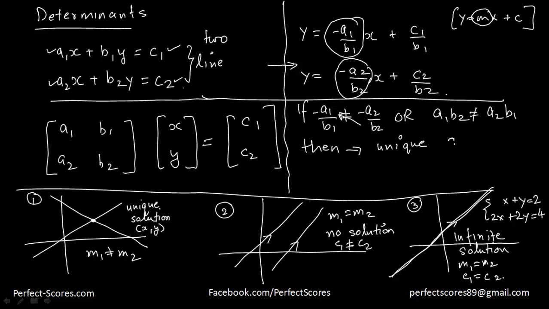If there is an equality sign here, then we're going to get these two cases, which means we are not going to get a unique solution. Coming more on that, now let's go ahead and try to see what a1 times b2 is here.